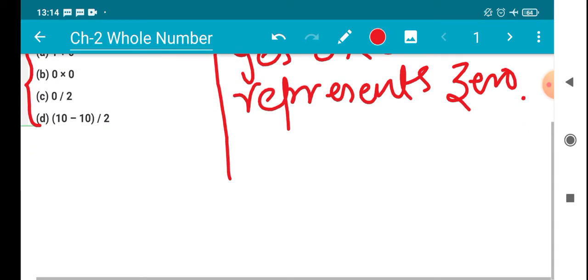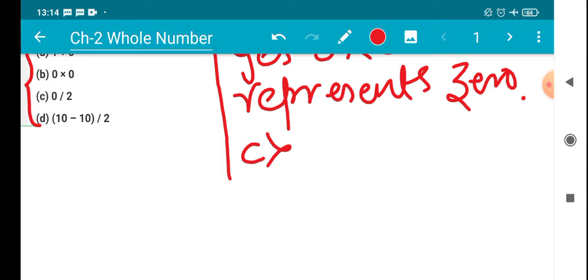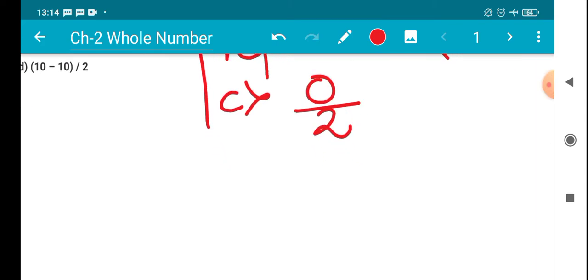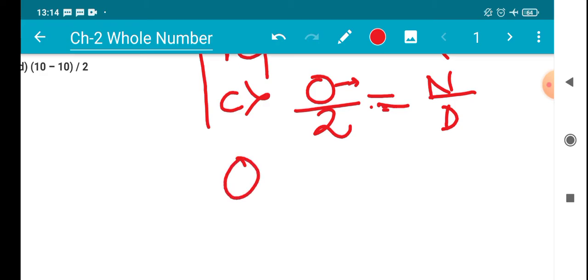So let's do C. C we have is 0 divided by 2. When you have the numerator as 0, the above part is called the numerator and the below one is called the denominator, then the answer is also 0. Every time you have to remember, when the numerator is 0 and the denominator is any number, the answer which you will get is 0.